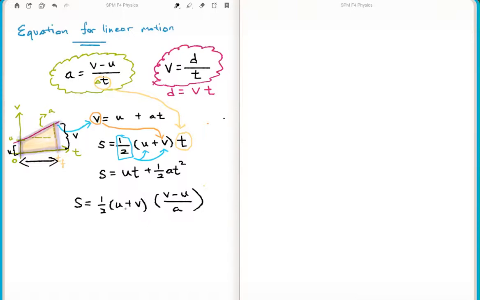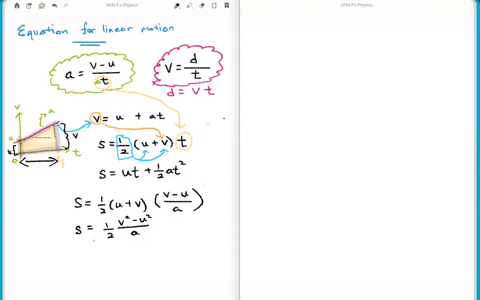Rearrange this. Okay, maybe you say I'm not good at it. Maybe can you show me once? Yeah, no problem. Then this is 1 over 2. You have v squared minus u squared, because a plus b, a minus b, this is a law, okay? Then you rearrange it to get one straight line, I mean, there's no denominator, okay?